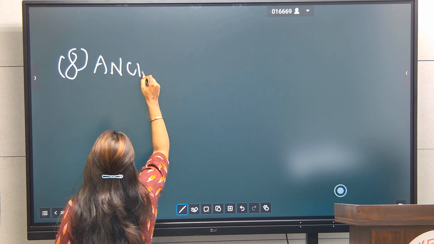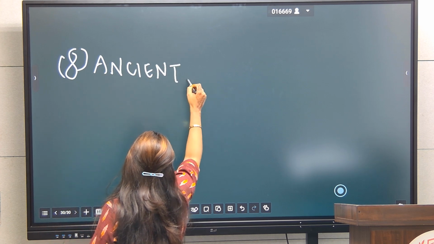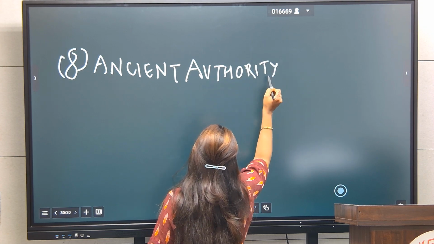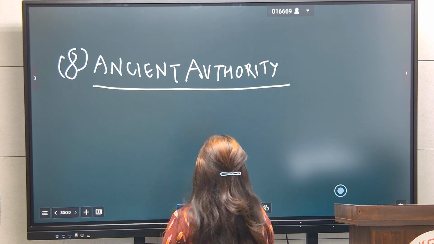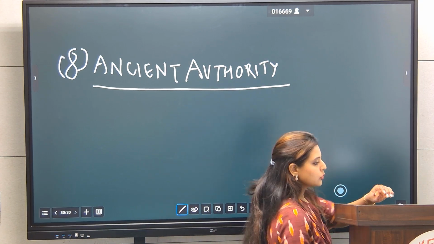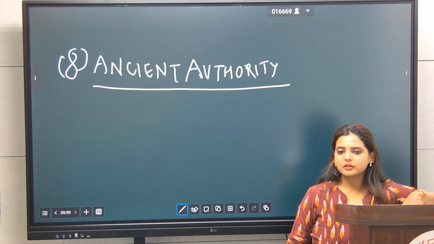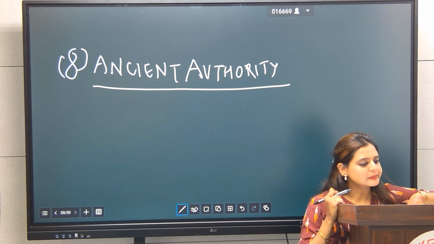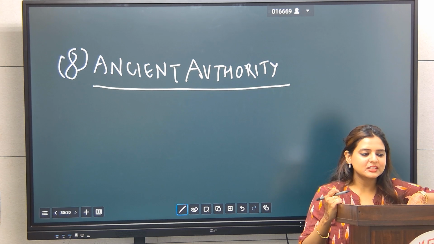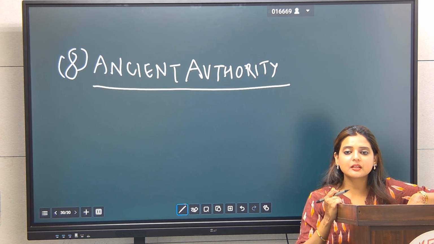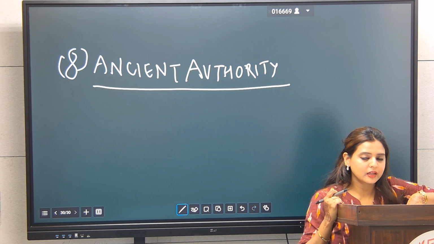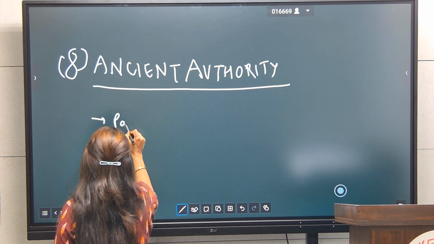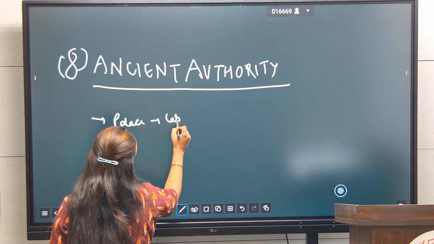ancient authority. No specific evidence has been found for the ancient authority in Harappan civilization, but a large building was labeled as a palace by archaeologists.